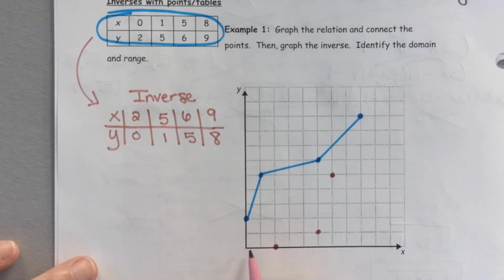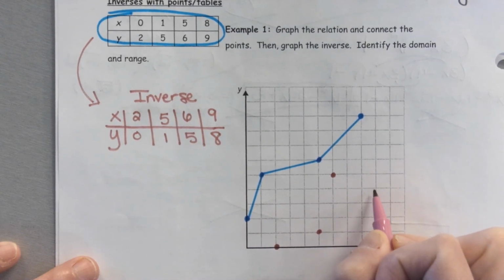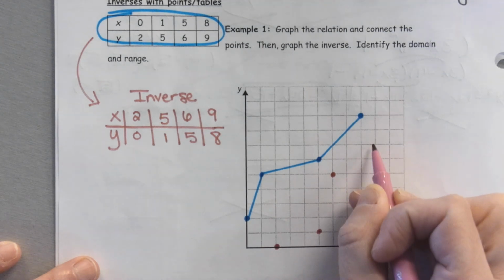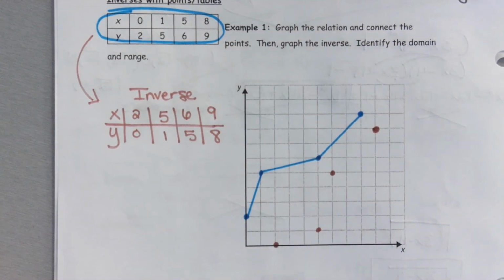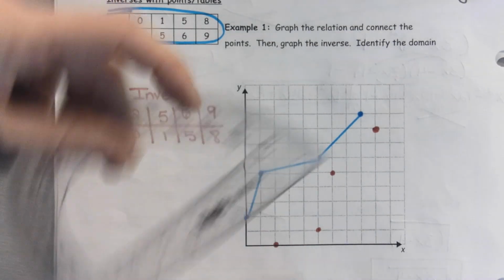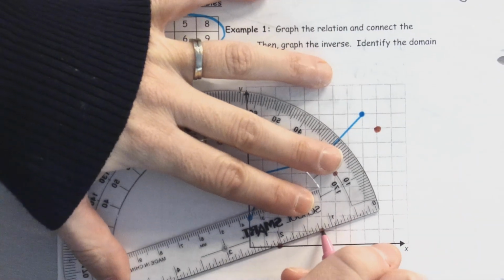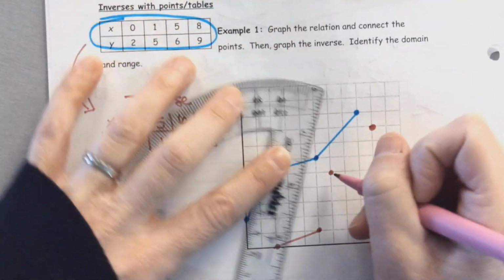I'm over 9, and I'm up at 8. So I'm over 1, 2, 3, 4, 5, 6, 7, 8, 9, up 1, 2, 3, 4, 5, 6, 7, 8. And I'm going to draw those in, in the same way I did with the blue graph.